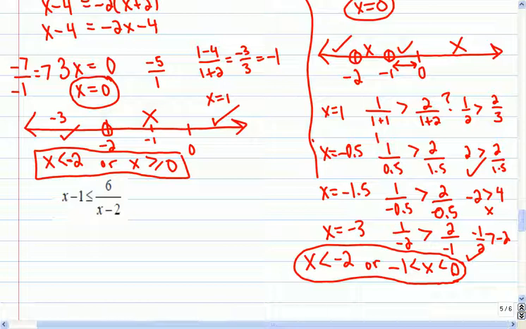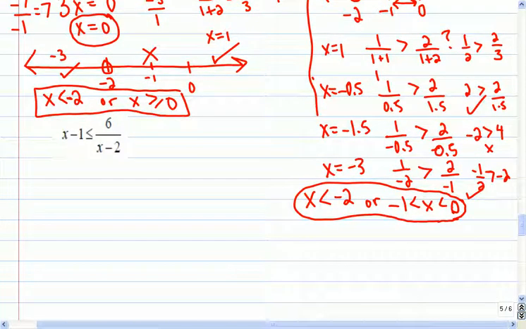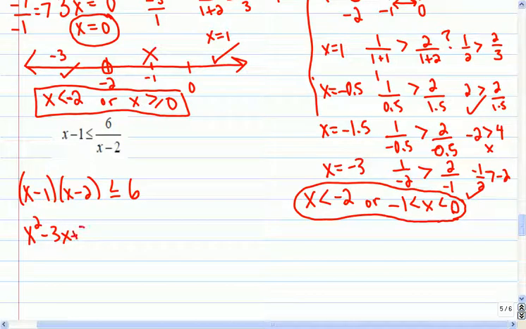Okay, so this time around, you're going to have a couple more boundary points because of the quadratic equation that comes out of it. So let's see, we get (x minus 1)(x minus 2) has to be less than or equal to 6. And we're going to take that less than or equal, and we're going to look for where it's equal to 6.